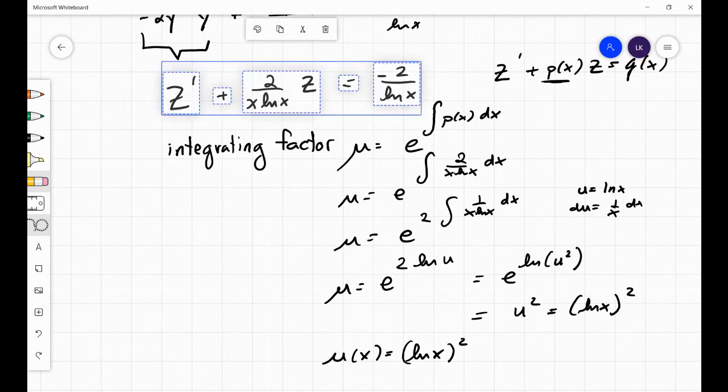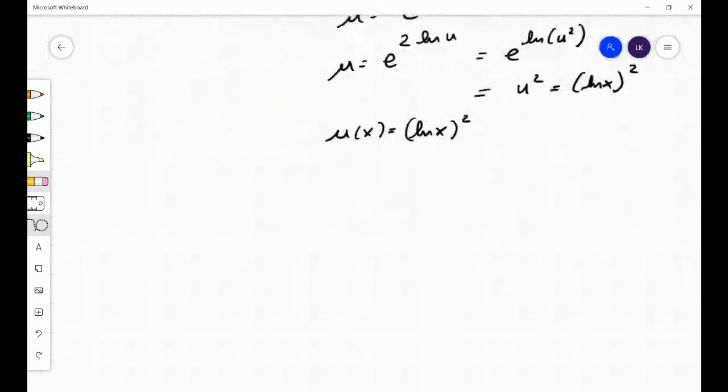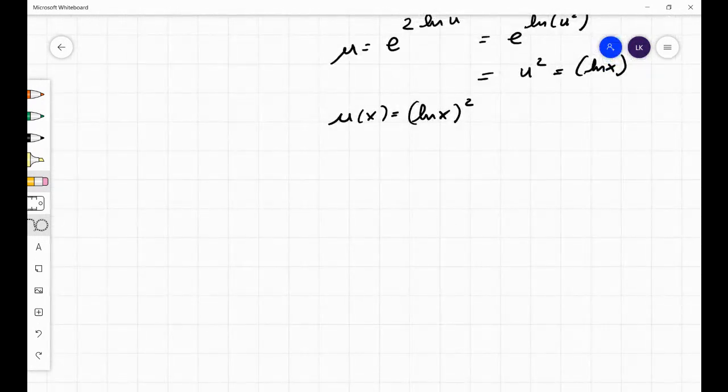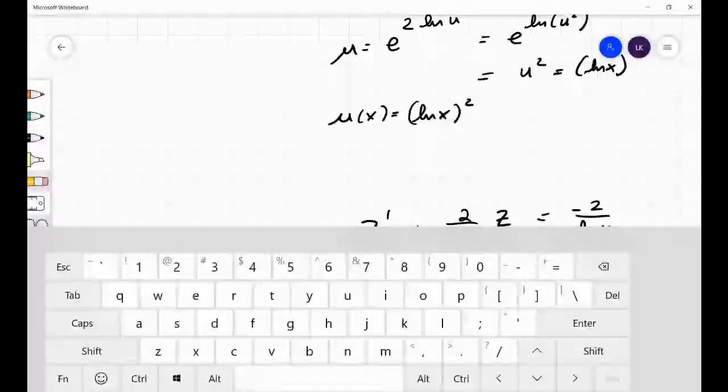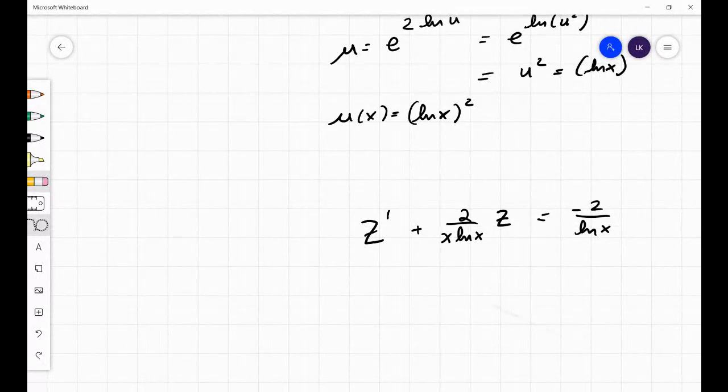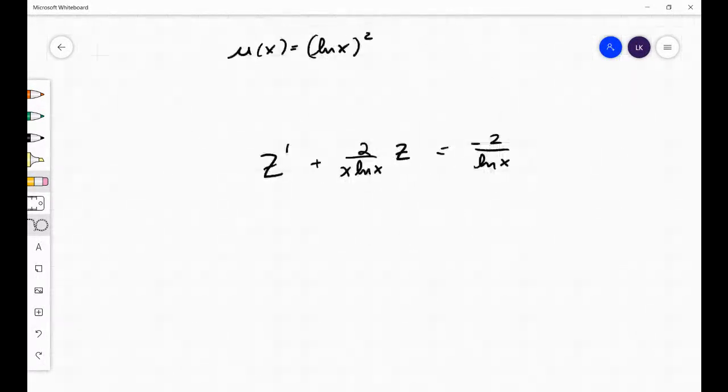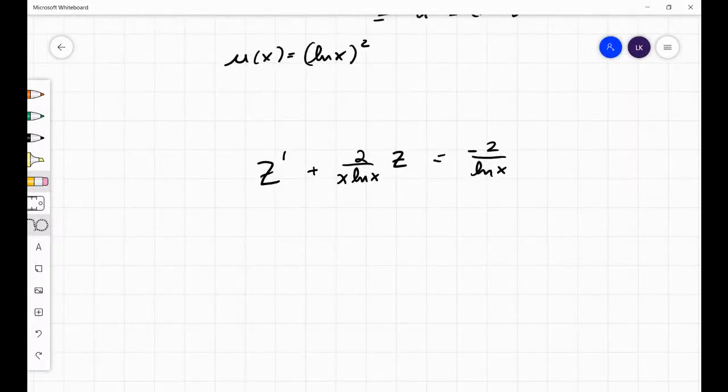So we're going to take our first order linear differential equation. That's fine. And the job of the integrating factor is to multiply both sides of that differential equation.